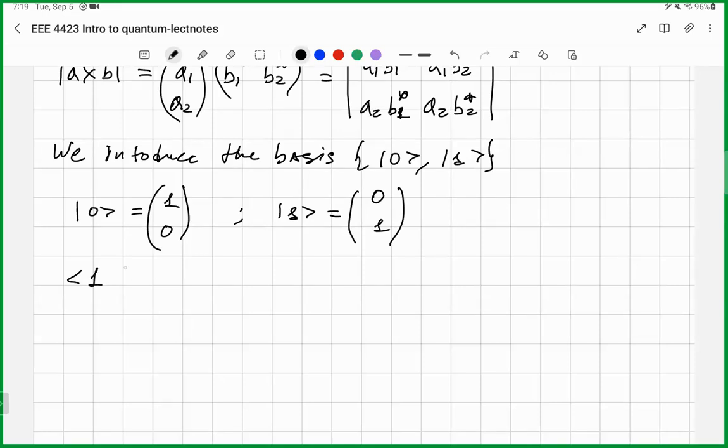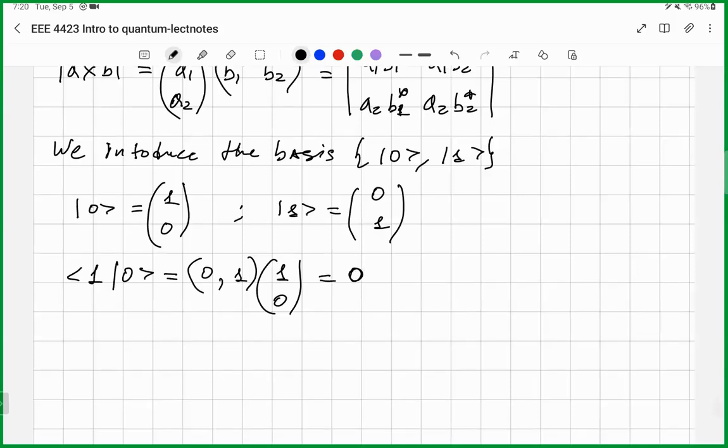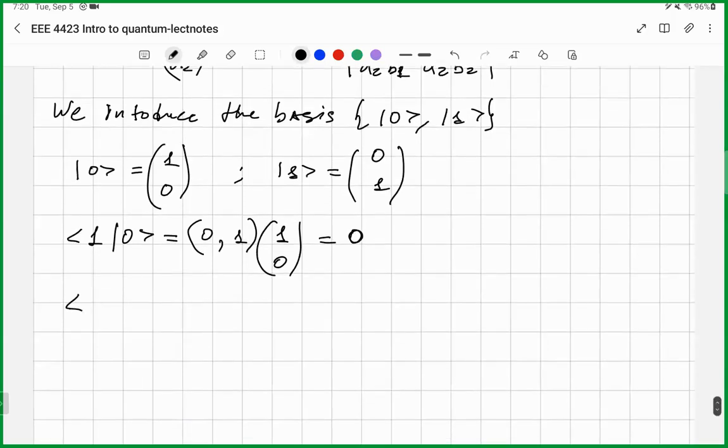So let's consider the inner product of 1 and 0. So the 1 gives us a 0, 1 row, and the 0 column is 1, 0. Okay, so 0 times 1, 0, 1 times 0 is 0, so the product is 0 indeed. At the same time, the product of 1, 1 gives us 0, 1 here, 0, 1 here.